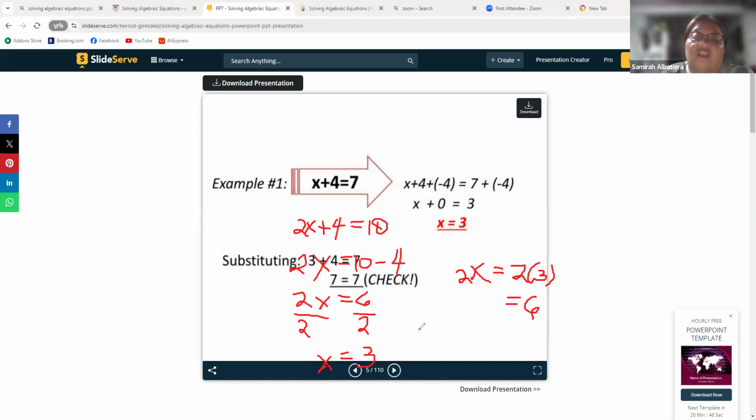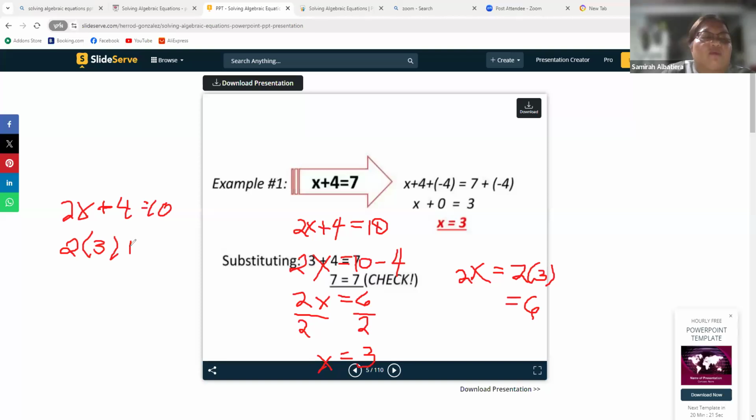Are we sure that it is true that 6 guavas should be given to Mark? Then we simply substitute the value of x. So 2x plus 4 is equal to 10. The value of x, according to Nicholas, is equal to 3.